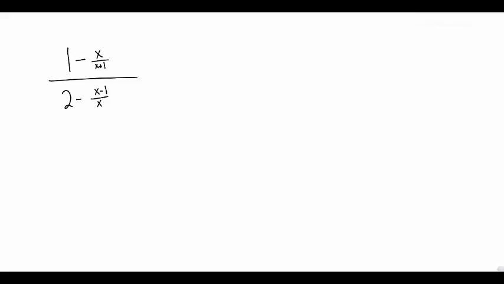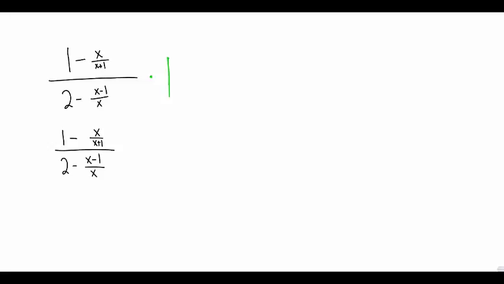With that in mind, we can use the fact that when we multiply by 1, we don't change the value of our quotient. We want to multiply by 1 in a certain form.